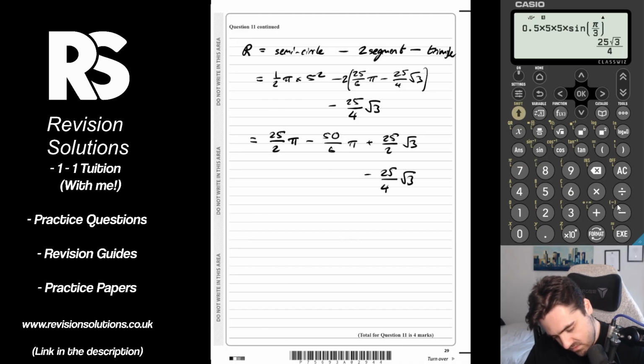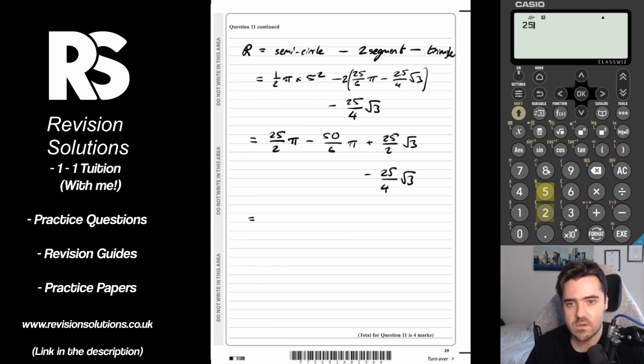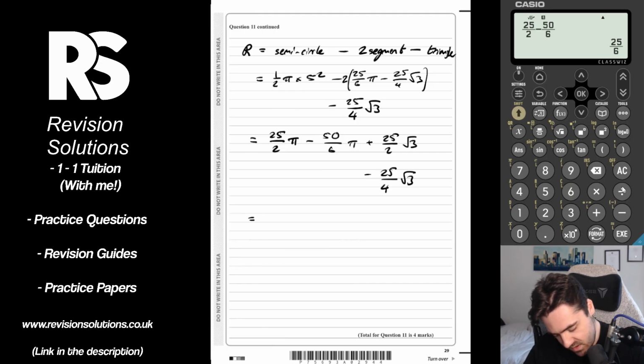So grouping these things up, we've got 25 over 2 minus 50 over 6. That's 25 over 6 lots of pi. Then we've got 25 over 2 minus 25 over 4, which is just another 25 over 4. So plus 25 over 4 root 3, which is our final answer.